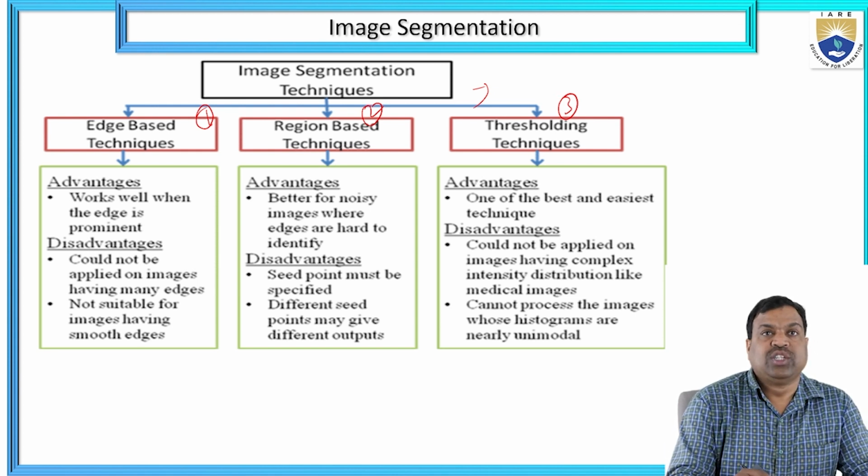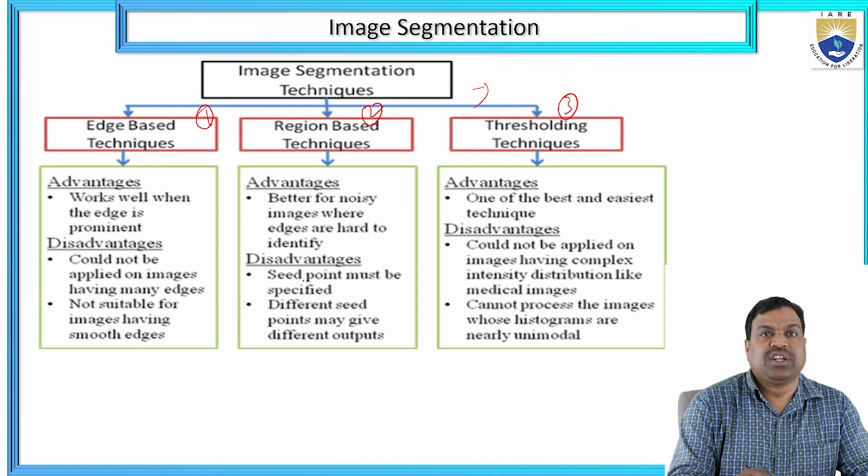The edge-based technique works well when the edge is prominent, and the region-based technique is better for noisy images where edges are hard to identify. The advantage of the thresholding technique is that it is one of the best and easiest techniques.